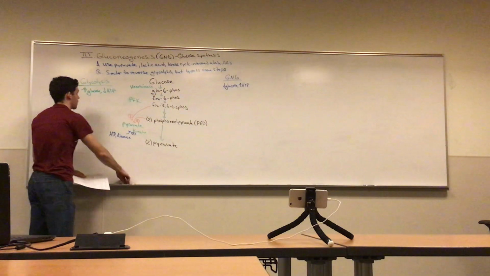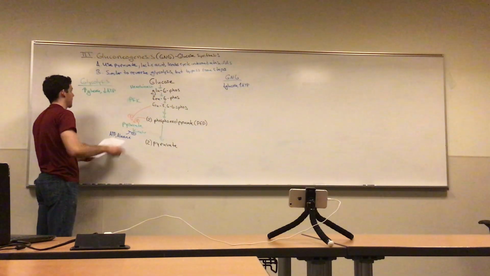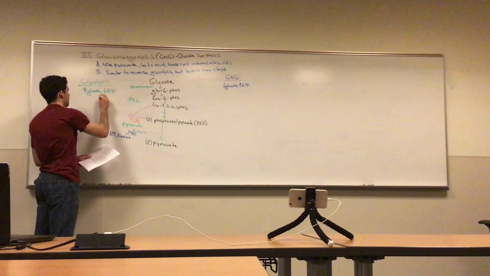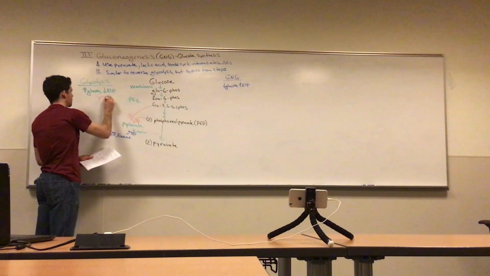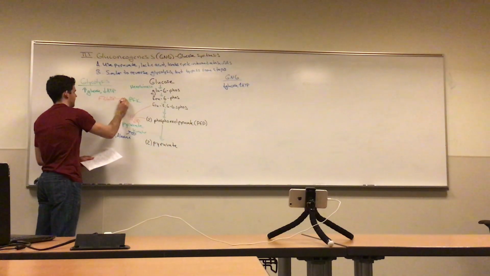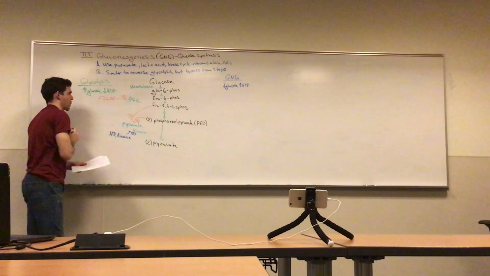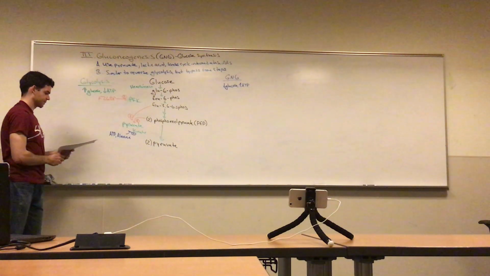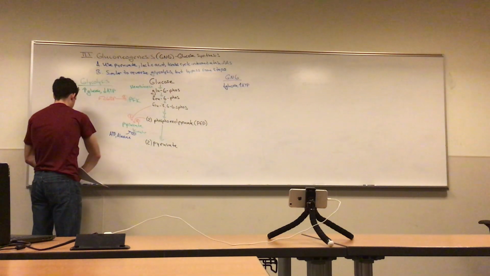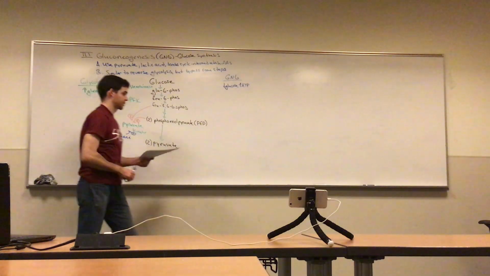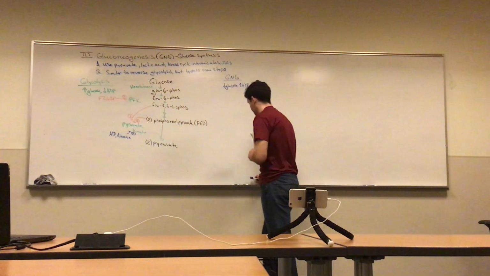I again just want to re-emphasize that the most important positive allosteric regulator of phosphofructokinase is fructose 2,6-bisphosphate. There are other ones, but I'm just highlighting that one for right now because it's most likely to be tested.